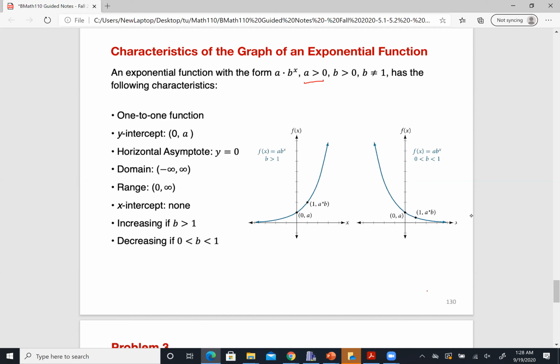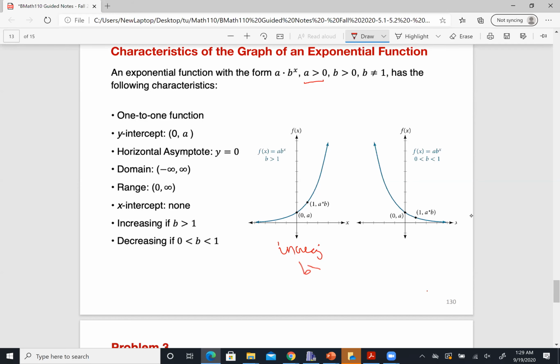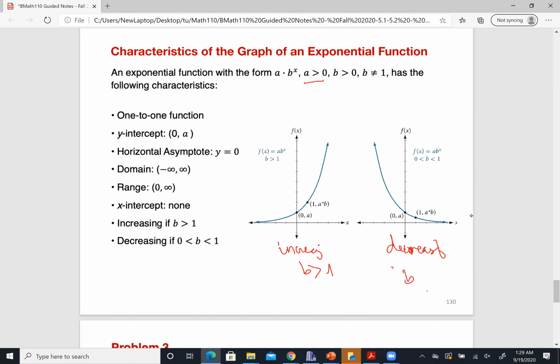The function is increasing if b is greater than 1 and decreasing if b is between 0 and 1.